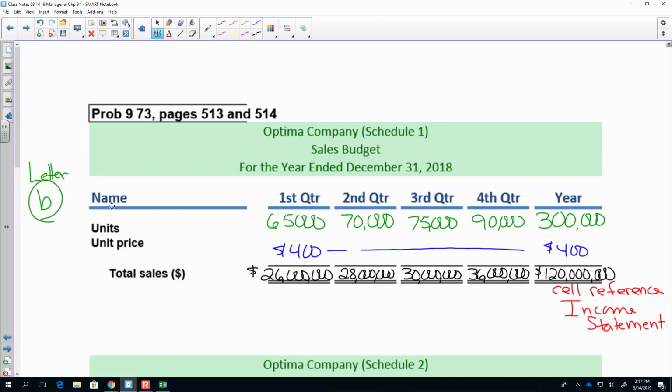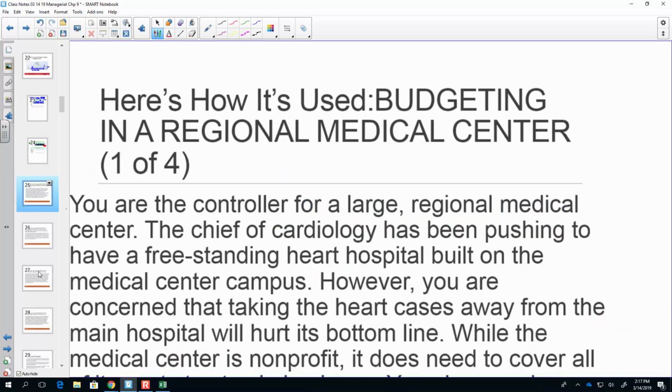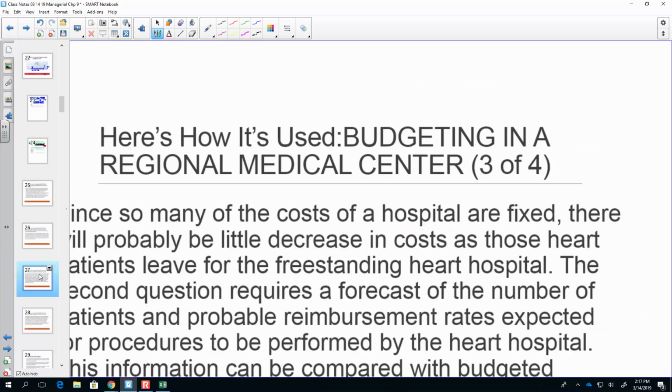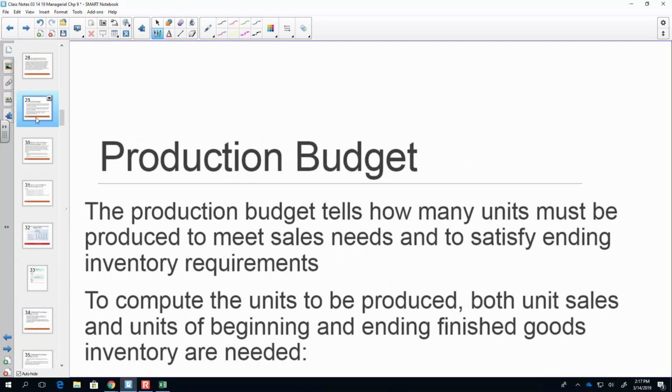Now, we are going to reference these numbers, the units, and Liz already pointed that out, to some other reports or schedules. But let's just go down to our next requirement, Schedule 2, which is our production budget.